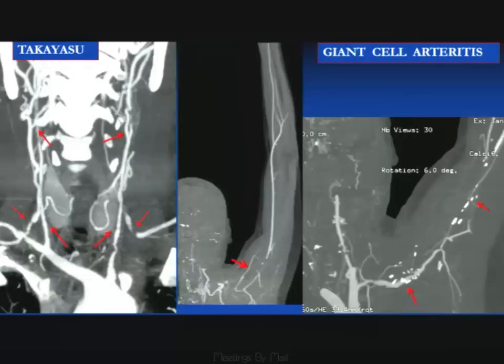So here's a case of Takayasu's. Everybody is familiar with the distribution of disease, so we're able to map this out as basically an arch and neck study in combination with the upper extremity. This patient has disease, you can see, involving subclavian, carotid, internal carotid, proximal subclavian.